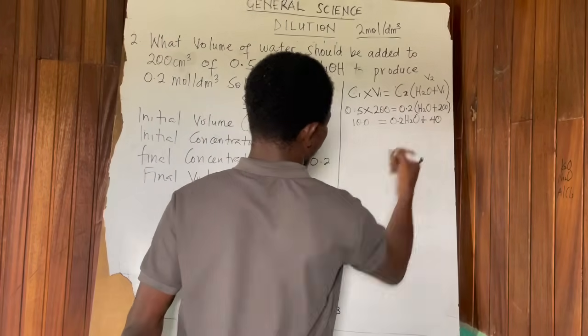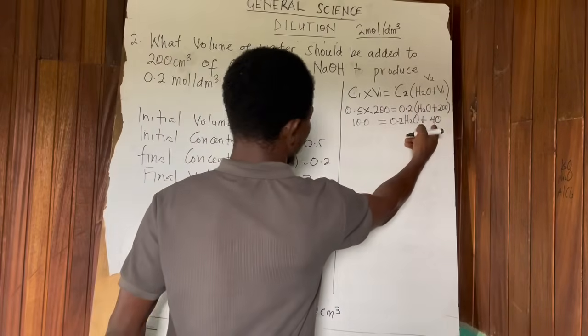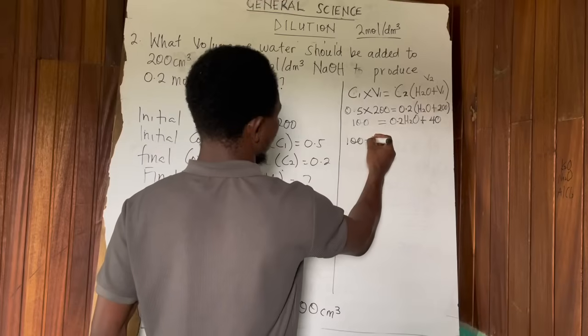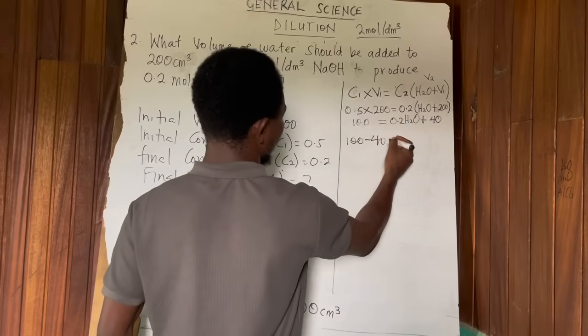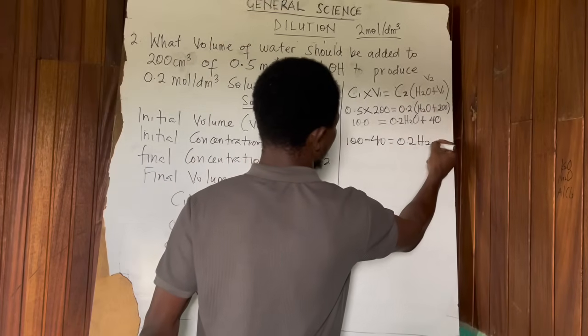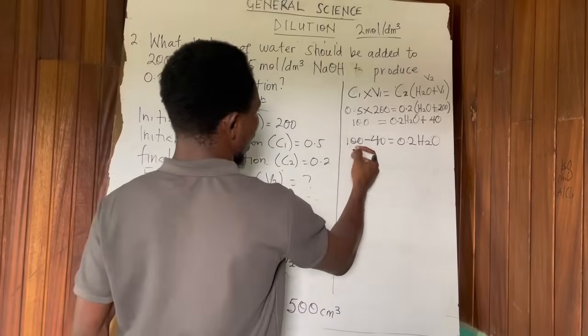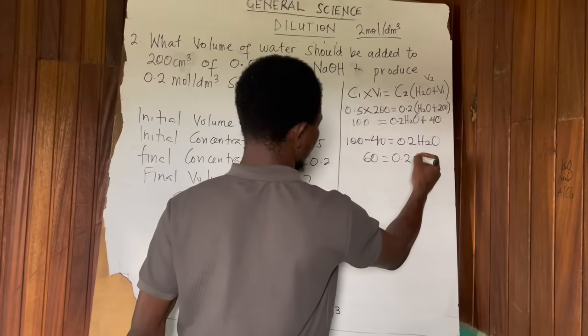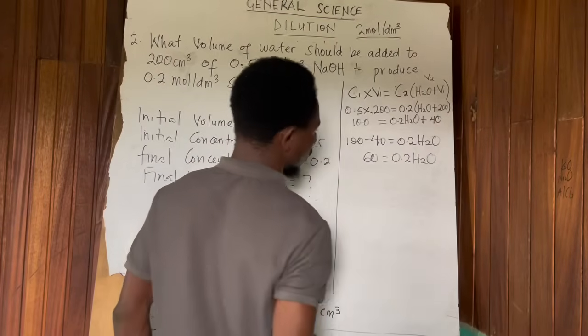So let's group like terms. So this 40 will move to the equal sign to be negative. So 100 minus 40 is equal to 0.2 H2O. 100 minus 40, we're going to get 60 is equal to 0.2 H2O.